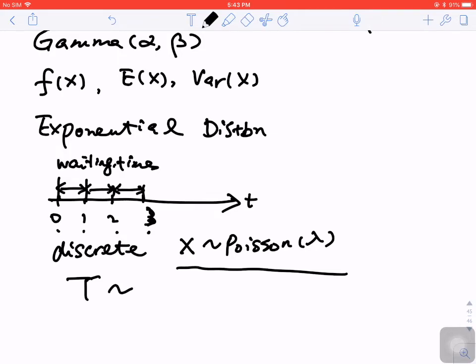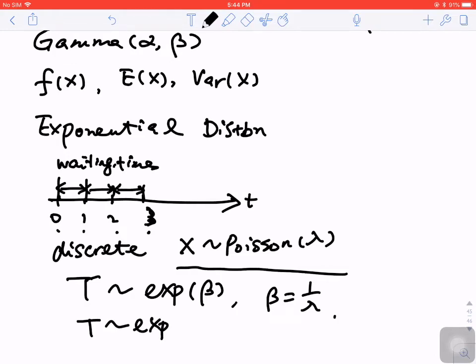This T should follow an exponential distribution with parameter beta, and this beta is just 1 over lambda. Sometimes people say it follows an exponential distribution with parameter lambda. This lambda is just 1 over beta, and it is the same lambda as the Poisson lambda.